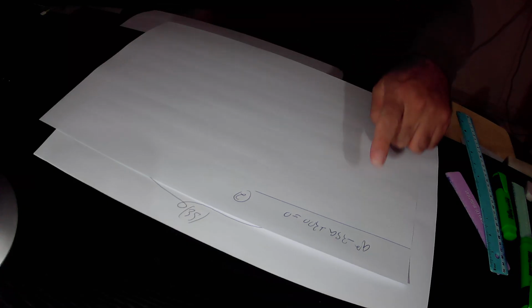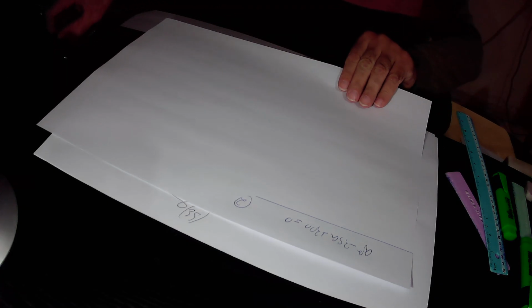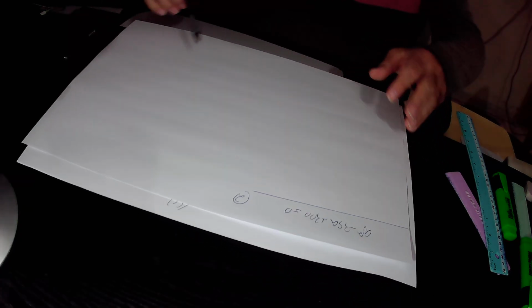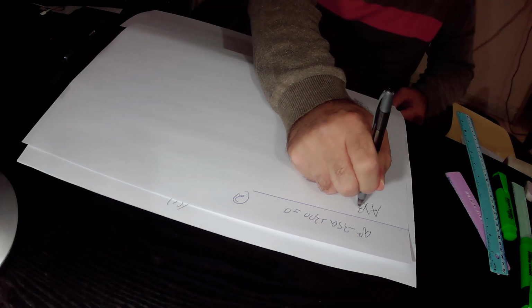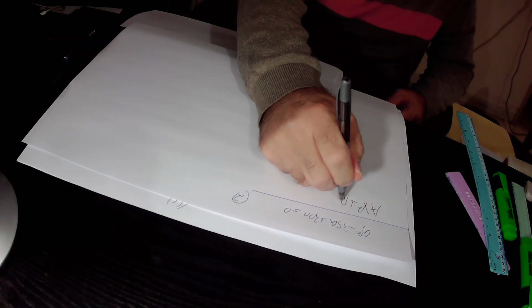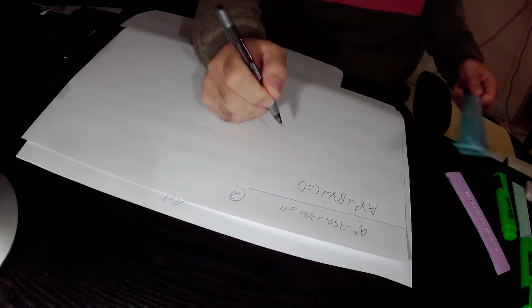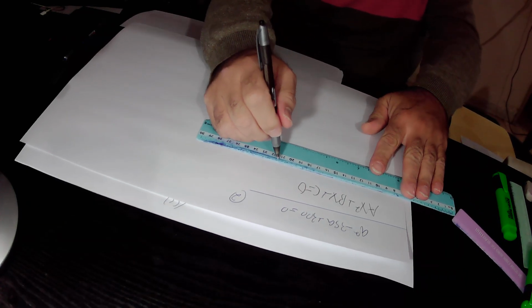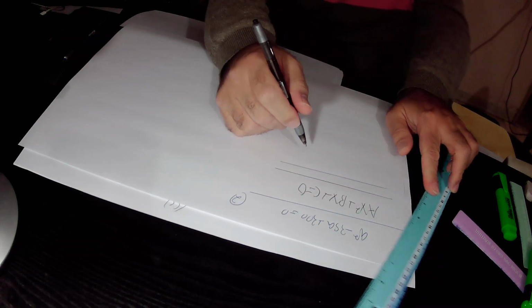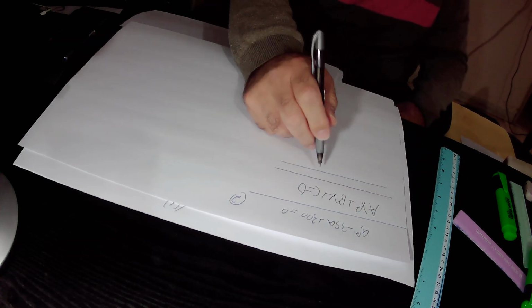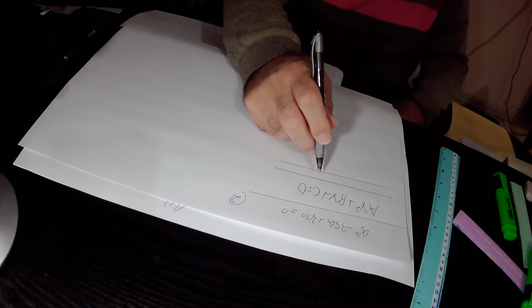So actually this is a quadratic equation. And the general form of a quadratic equation is ax squared plus bx plus c equals 0. In this general form, a, b, and c are the coefficients of the quadratic equation, and x is the variable that we are looking for.